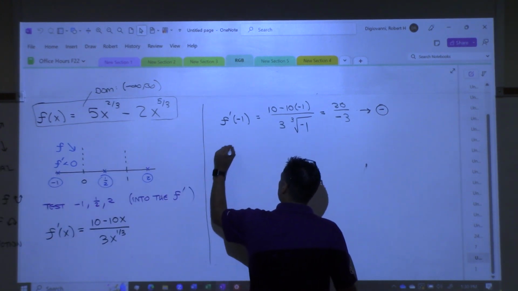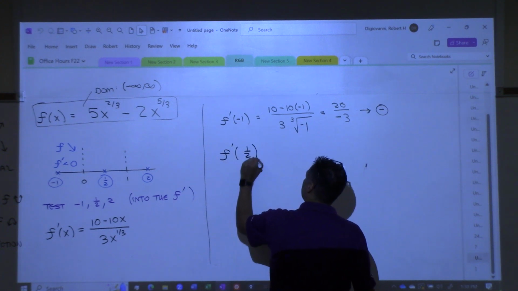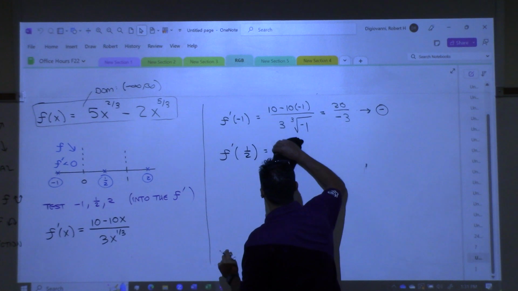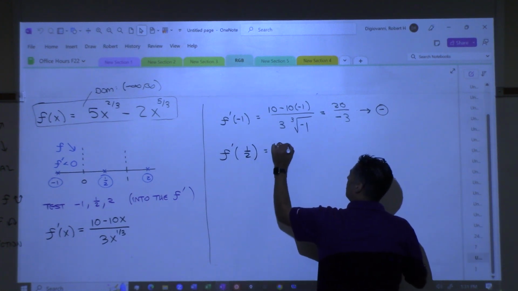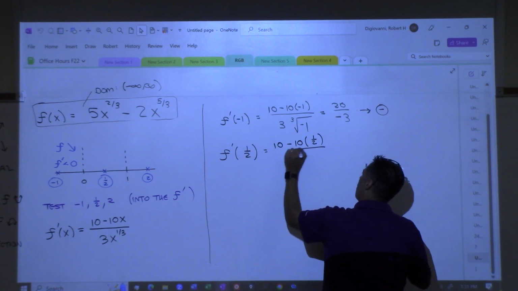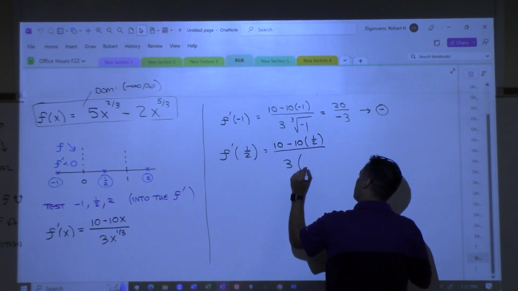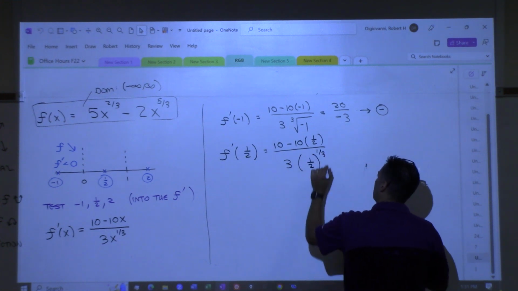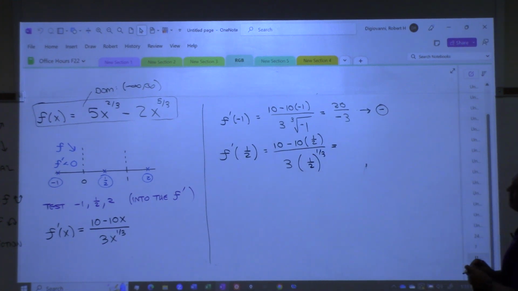So now into the derivative, I plug in a half. And that's going to suck a little bit, but okay, 10 minus 10 times a half, all over 3 times, oh crap, okay, 1/2 to the 1/3. All right, well, tell me about the top. What's the top?